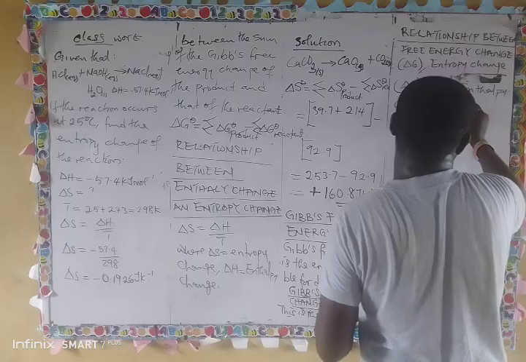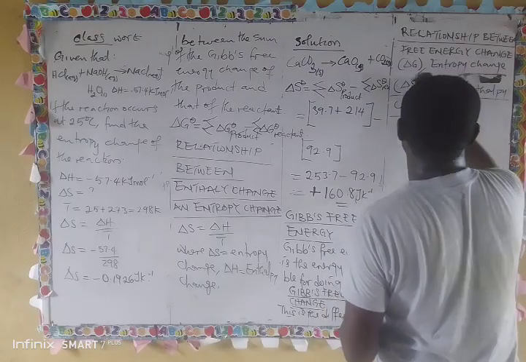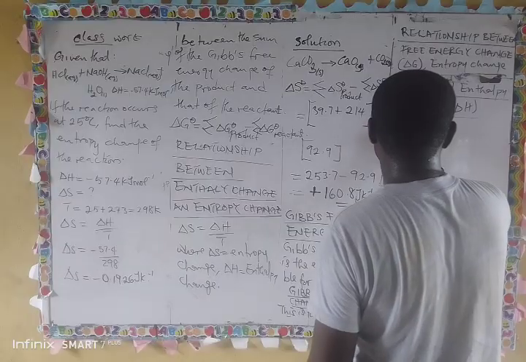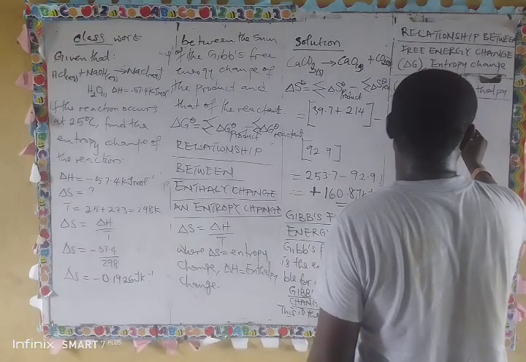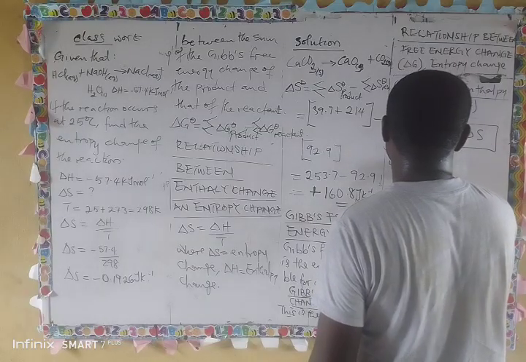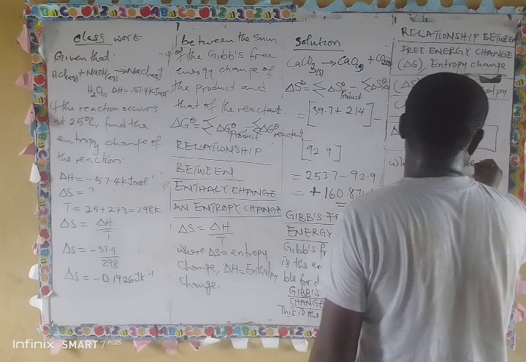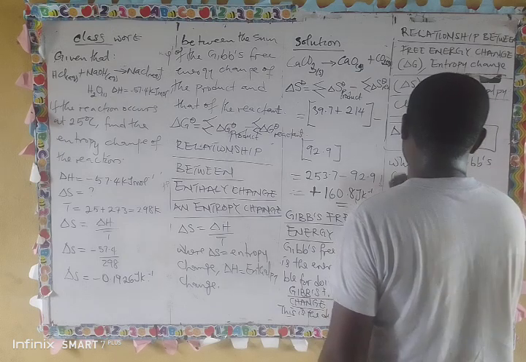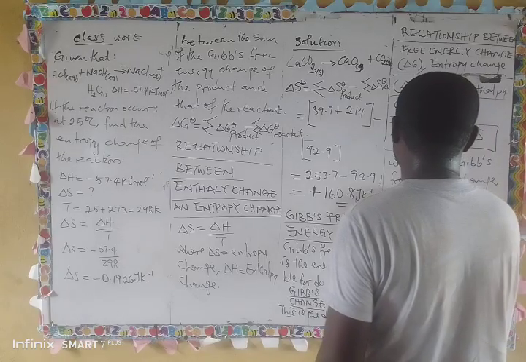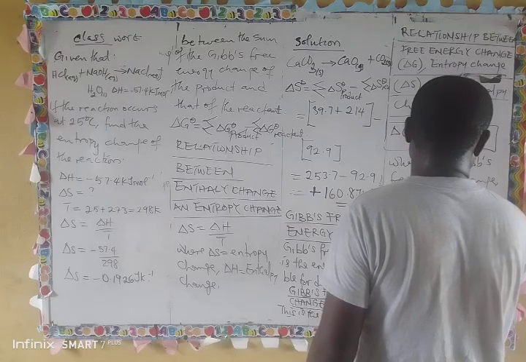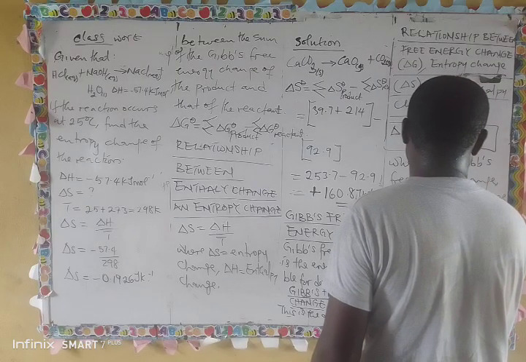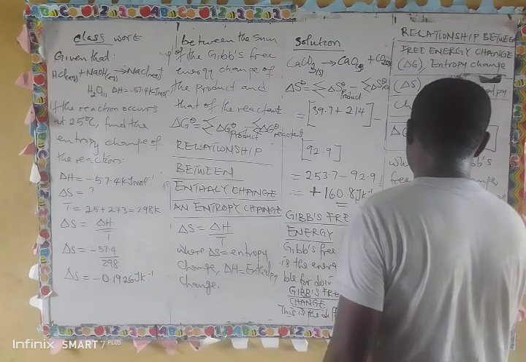The relation between them is delta G equals delta H minus T delta S. Please look up, where delta G gives the free energy change, delta H is enthalpy change, T is temperature, and delta S is entropy change.